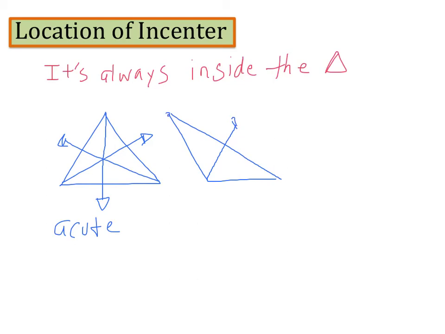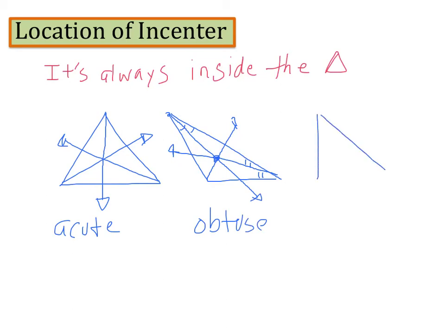But when we go from this vertex right here, these angles are congruent here. And when we go from this angle here, these angles are congruent here. So this one's inside as well, and that's an obtuse triangle.